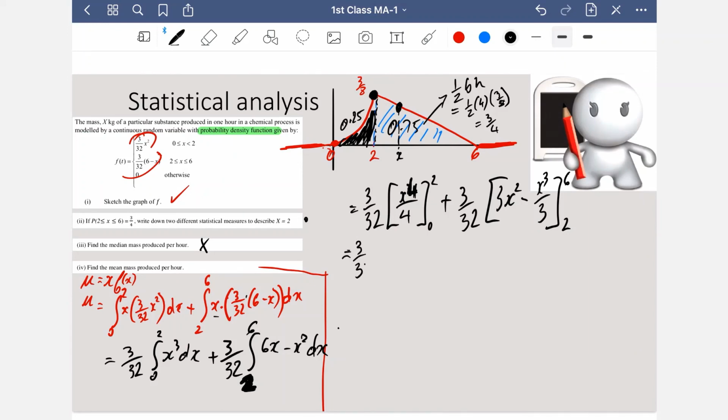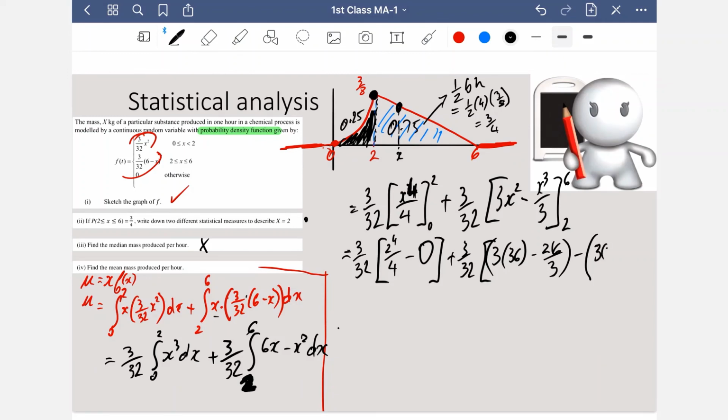So it's 3 over 32. Now substituting 2 to the power of 4 on 4, so that's going to give us 4, okay, minus 0, okay, plus 3 on 32 outside of 3 multiplied by 6 squared, which is 36. 6 cubed is 216. Minus 3 multiplied by 2 squared, that's 3 times 4, okay, minus 8 on 3.